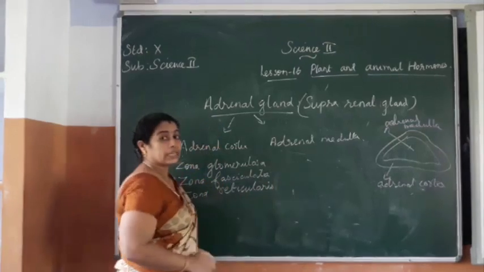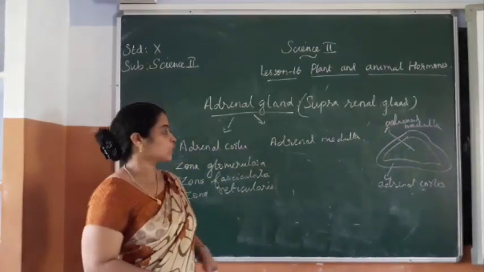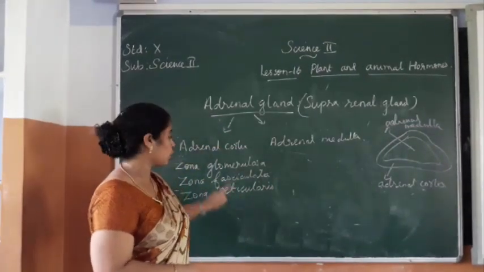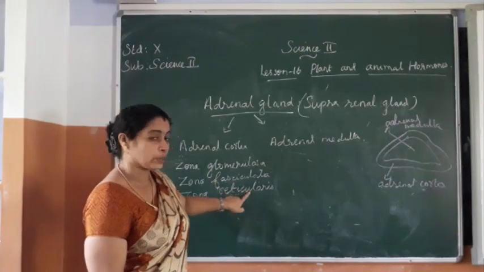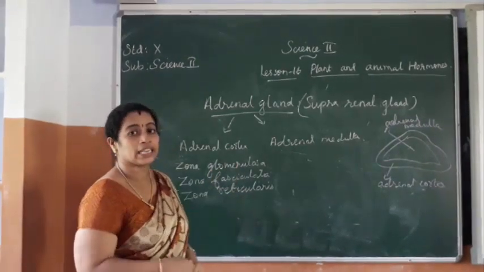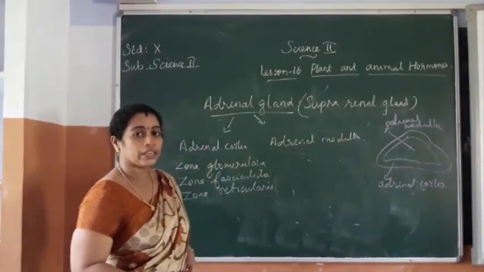These are the three different layers composing the adrenal cortex.